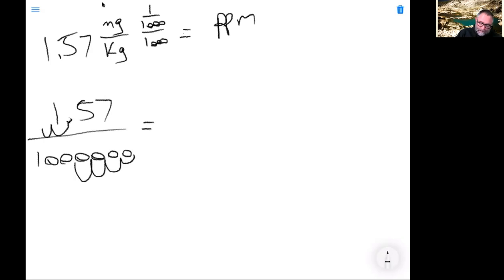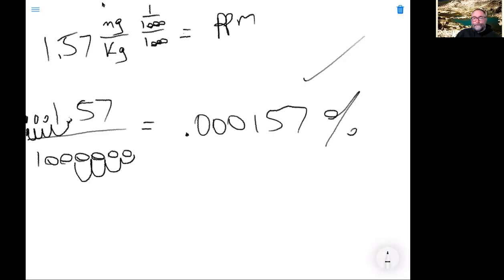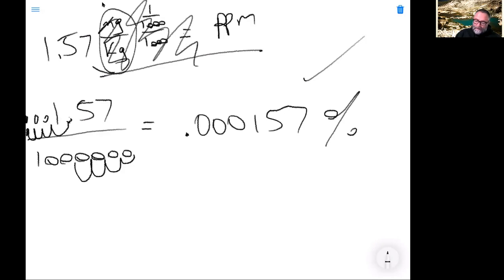So 1, 2, 3, 4. 1, 2, 3 zeros. There you go. I could explain this more sometime, but I don't. It was on like one AP test, like back in the 90s, I believe. So I don't. Maybe in the aughts. I don't know if you're even going to see this, but if you ever see milligram per kilogram, just treat that as parts per million.